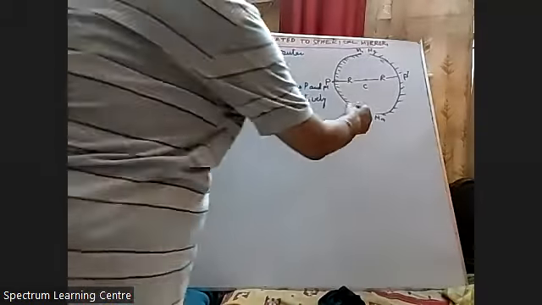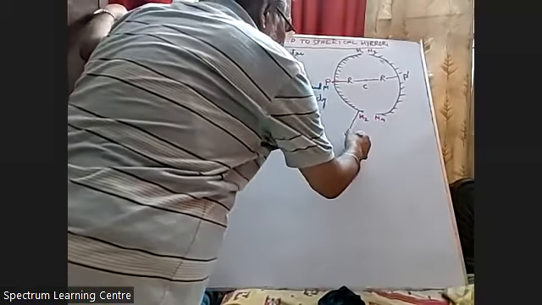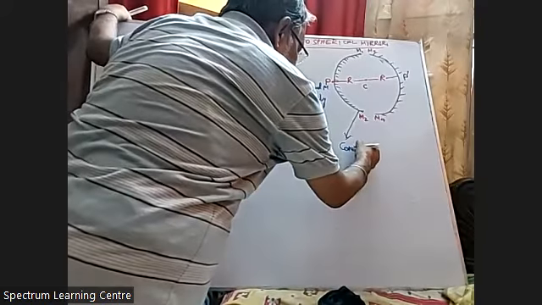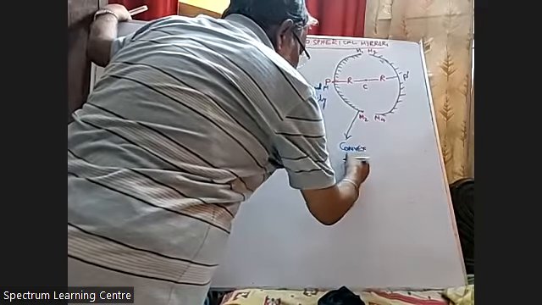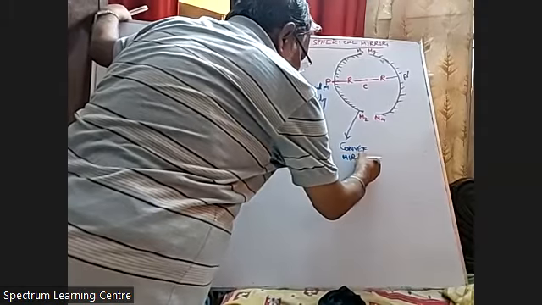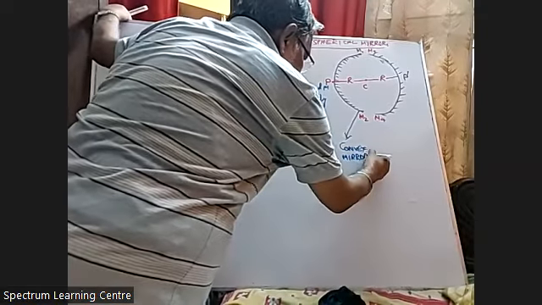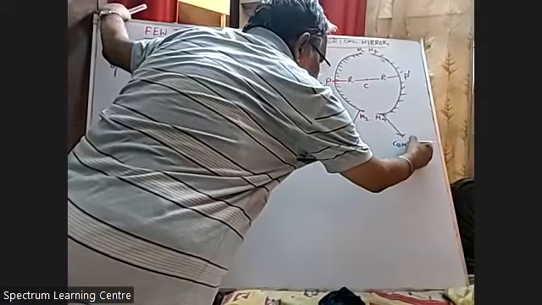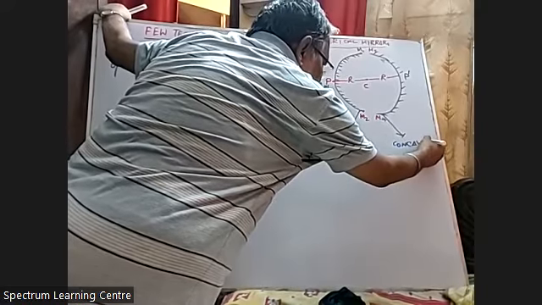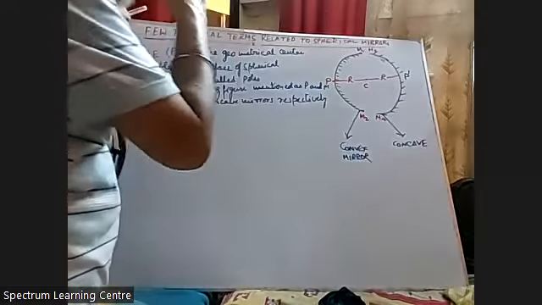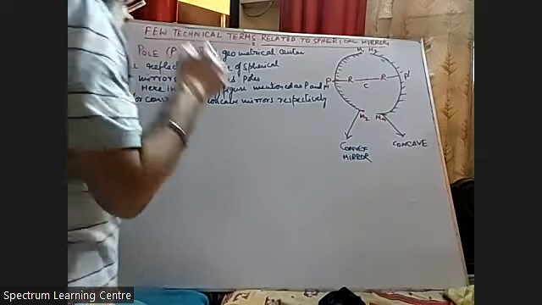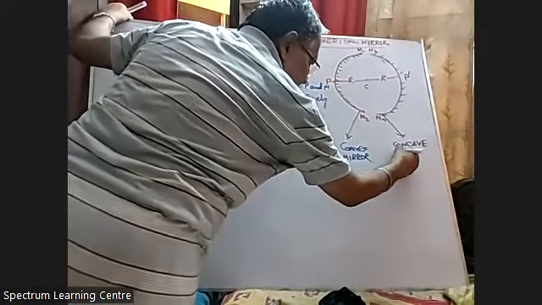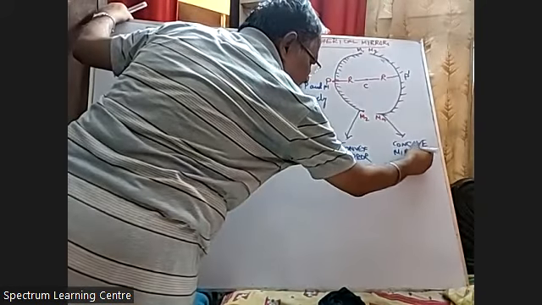Clear? So this becomes your convex mirror and this becomes concave mirror. They have drawn two separate diagrams, which is also good, but I am drawing in one only. It can be drawn in one also.